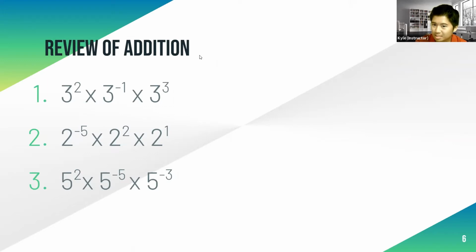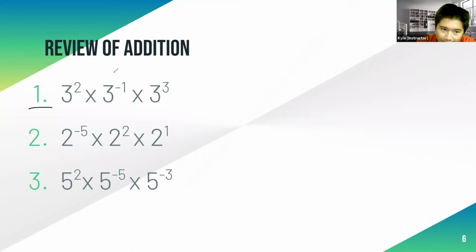Cool, okay. I see some different answers. So let's go over this again. Most of you guys got this, and you know that you can leave the answer in exponential form as well. So let us look at question 1. We have 3 to the power 2 multiplied by 3 to the negative 1 multiplied by 3 to the power of 3.